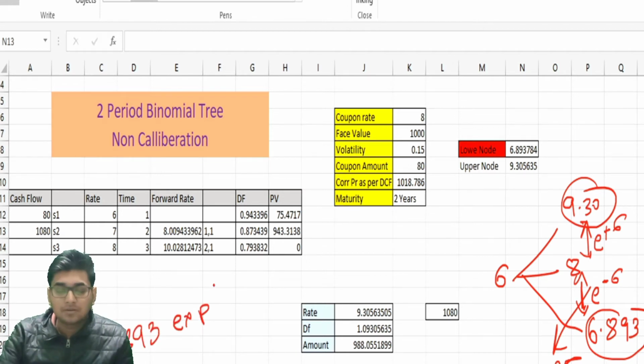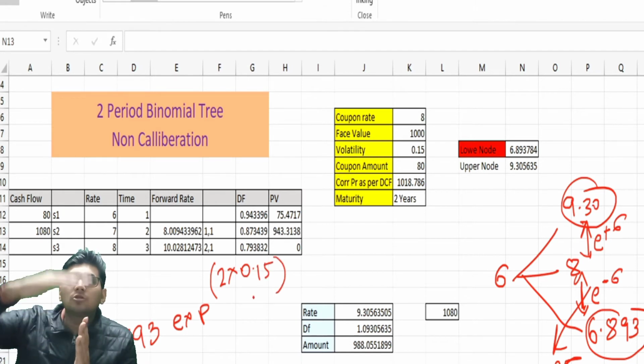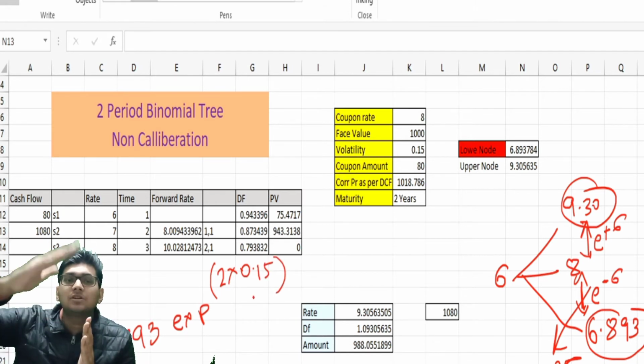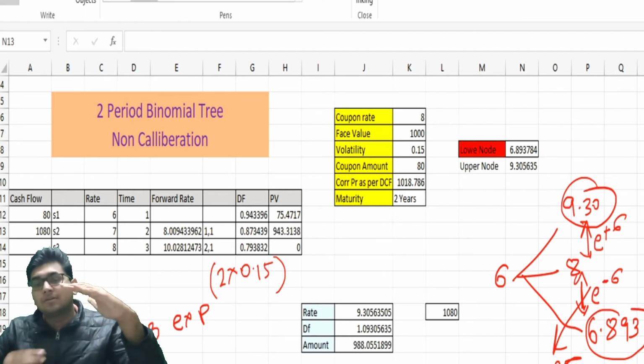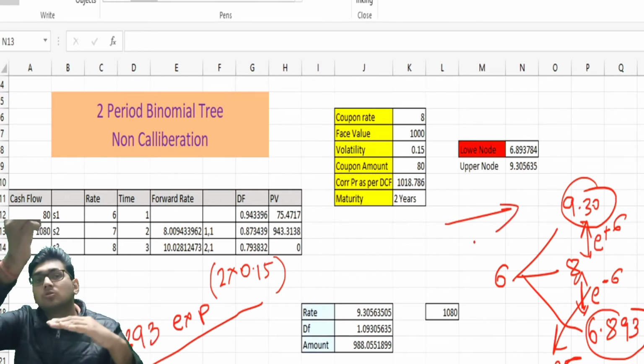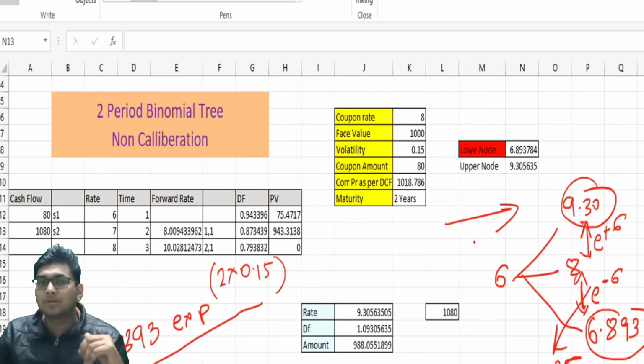So try to understand. From the forward, if you go 1 sigma up, you will reach the top node. From the forward, if you go 1 sigma down, you will reach the bottom node. But from the bottom node to the top node, the gap is 2 sigma. E to the power 2 sigma takes you from the lower node to the top node. Clear?